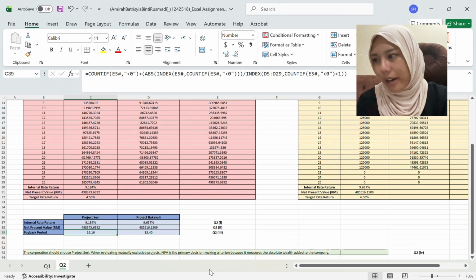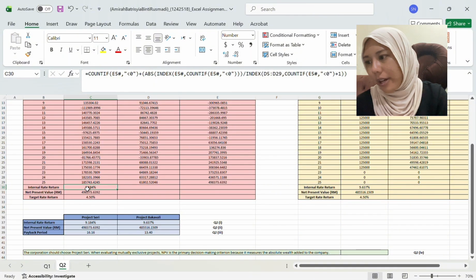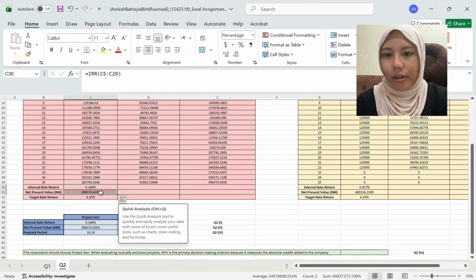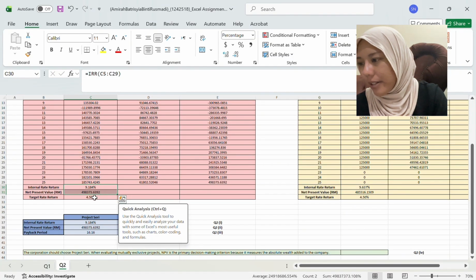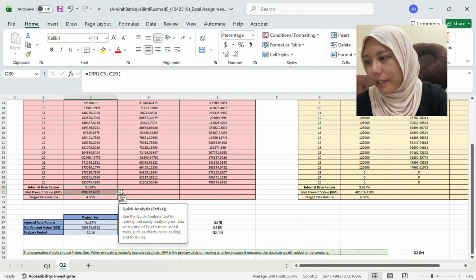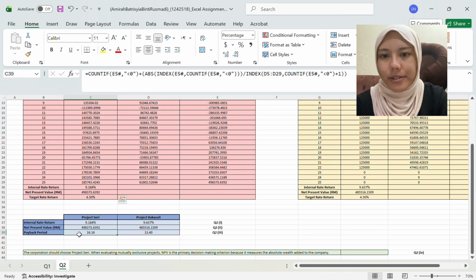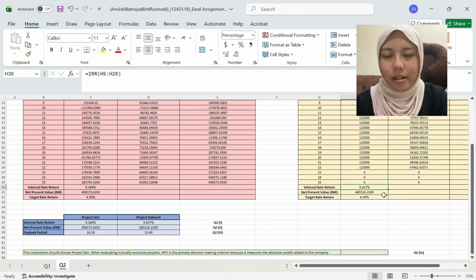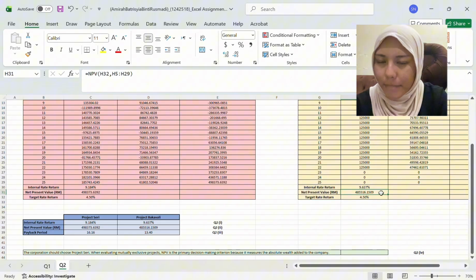Project Seri has an IRR of 9.184% and NPV of 498,373.6392 and a payback of 16.16 years, whereas Project Bakawali has an IRR of 9.637% and NPV of 485,516.1509 and a payback of 13.40 years.